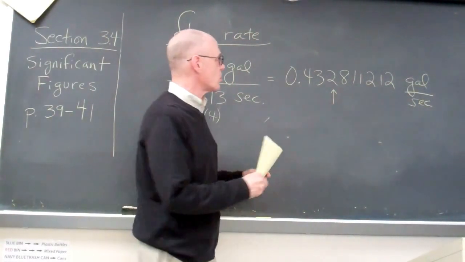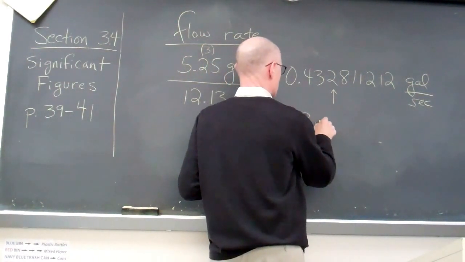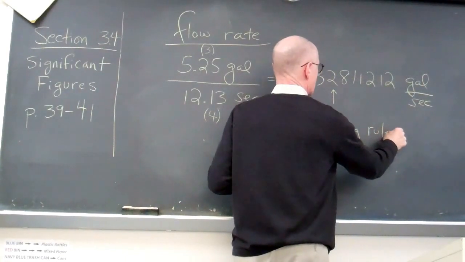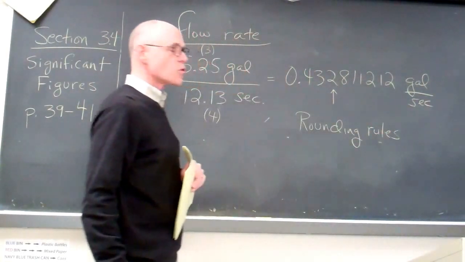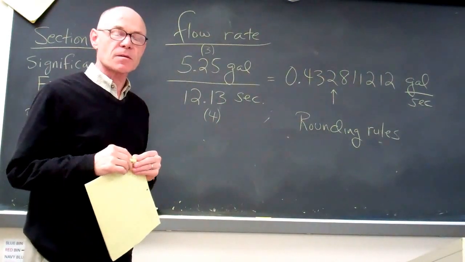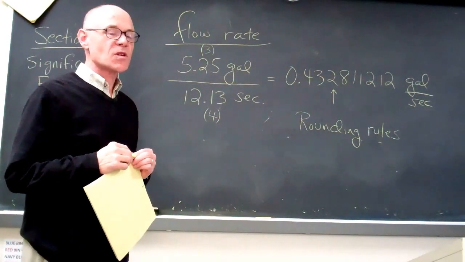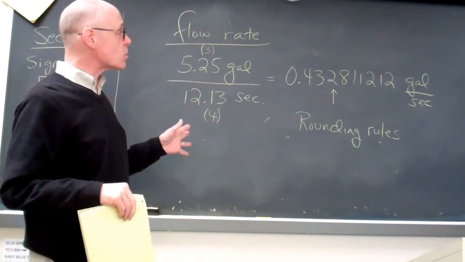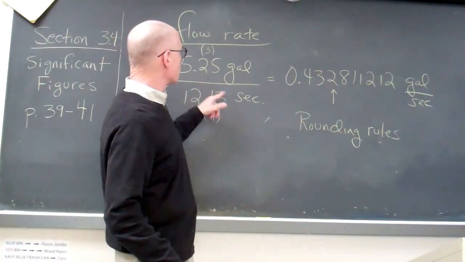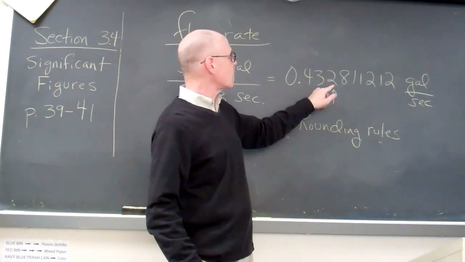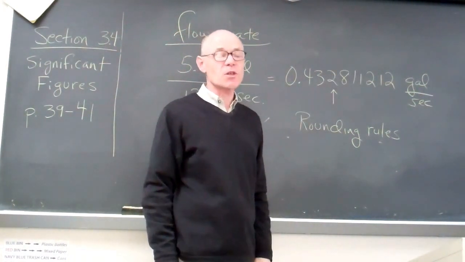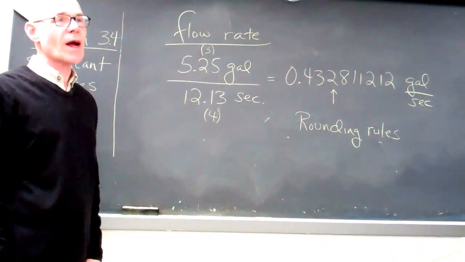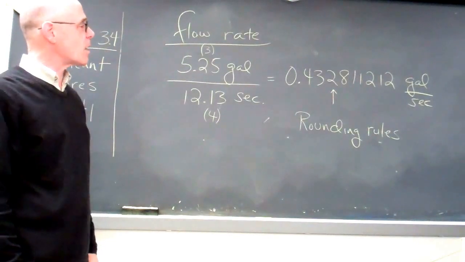So what do you do? You use your rounding rules from math, the same rounding rules you've learned in all of your math classes. So what you don't do is you don't decide, okay, I need 3 significant figures and everything else gets dropped. You don't just drop everything that you don't want. You actually have to round using your rounding rules.